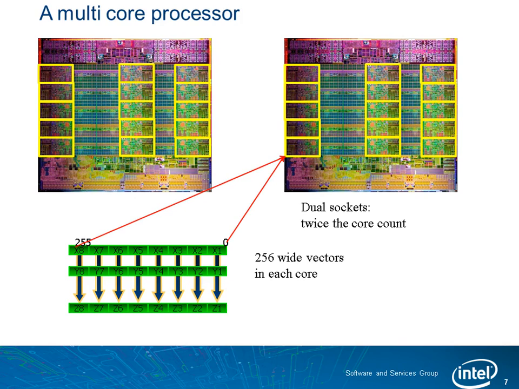The way it works is that the width of the register is fixed, so the number of data items you can fit into a register depends on the size of the data type. You can fit 8 single precision, also you can fit 8 integer values into a vector register, but only half as many double precision values, only 4 double precision values in the same register.